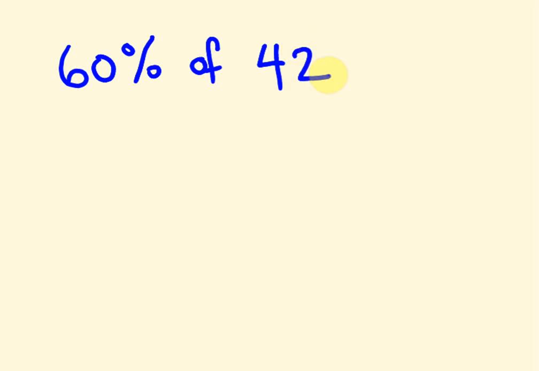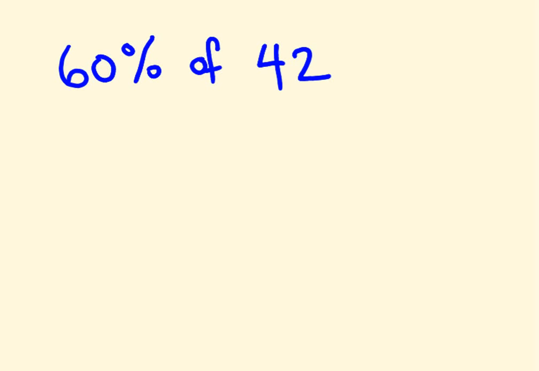What about we do this one, 60% of 42. Now, I'd pause it and try to give it a go. You might try to work out what it's made up of.